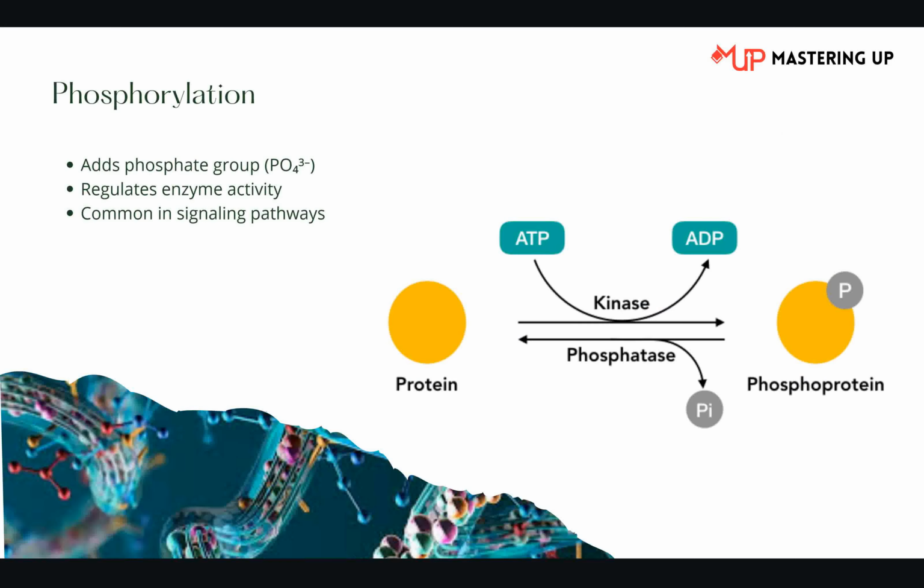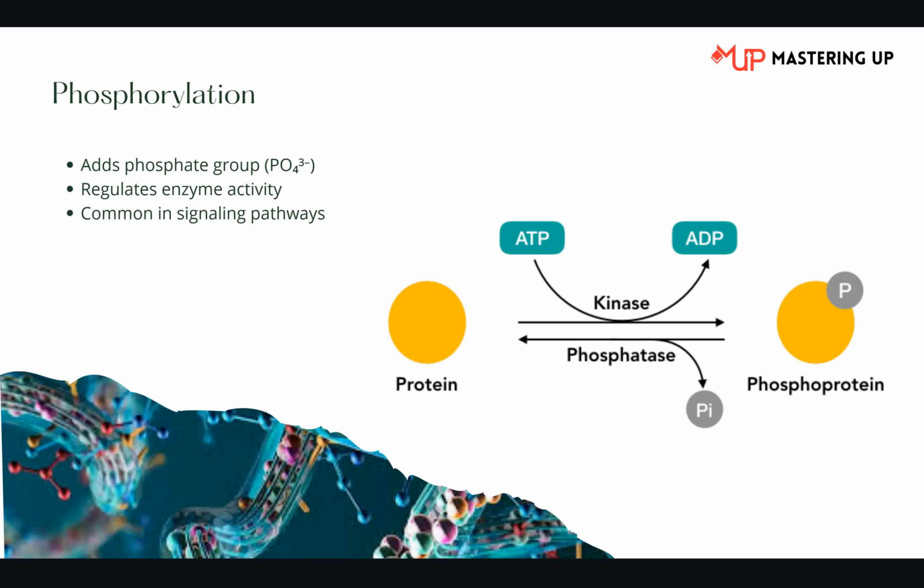Let's begin with phosphorylation. This process, as the name says, adds a phosphate group to certain amino acids in the protein, usually serine, threonine, or tyrosine. These are the amino acids to which the phosphate group is usually added.